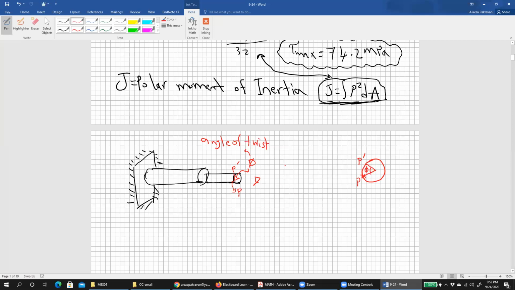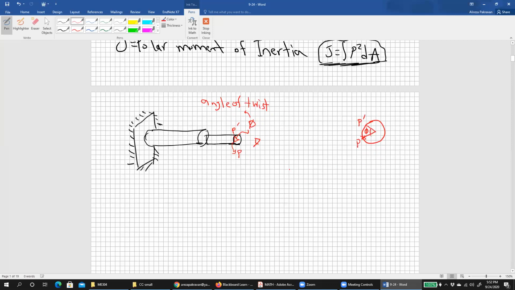So now we should review the formulas from the last lecture. We have a stress-strain relationship, right?